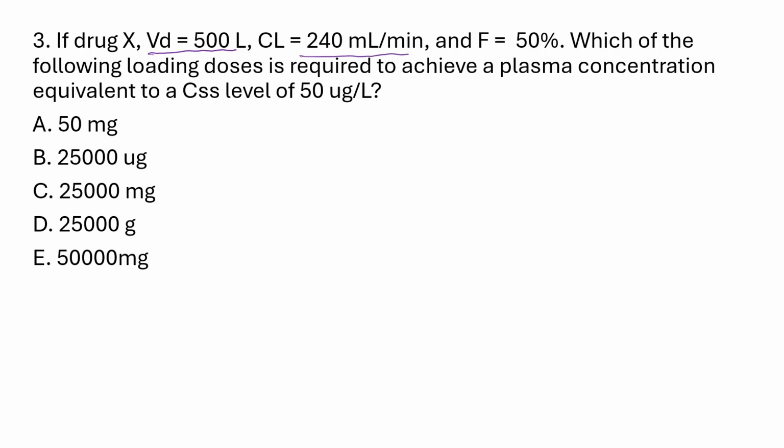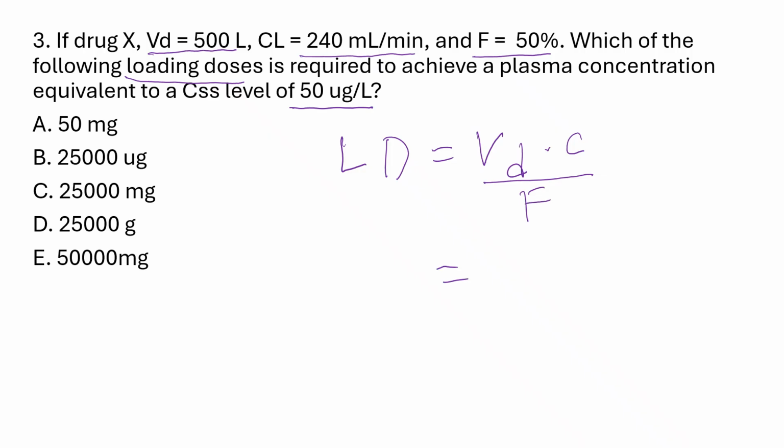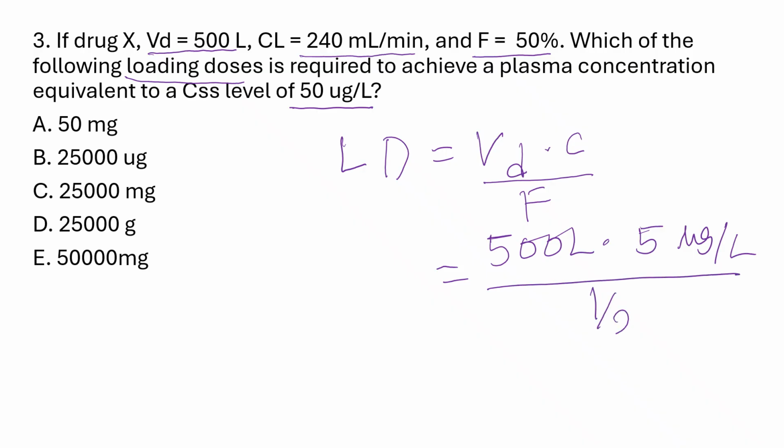We have volume of distribution 500 liters, clearance is 240 ml per minute, bioavailability 50%, and you have to calculate the loading dose with a concentration of 50 micrograms per liter. We know the loading dose equation is Vd times concentration over F. Here Vd is 500 liters, concentration is 50 micrograms per liter, and over 50% means 1 over 2.